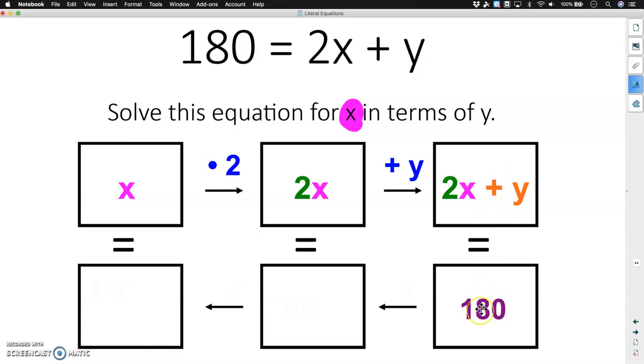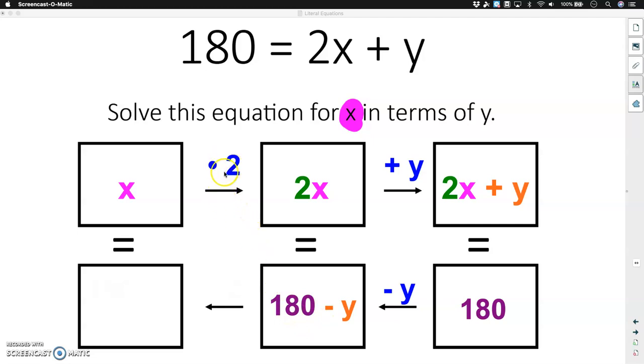So now we can start moving to the bottom, and we can undo all of those operations that happened in the top. Remember, we're working in reverse order. Notice the arrows. We started here, moving in this flow and going down, and now notice the arrows are going back the other way. So how do we undo plus y? We undo that with minus y. So 180 minus y is our first step in undoing those operations.